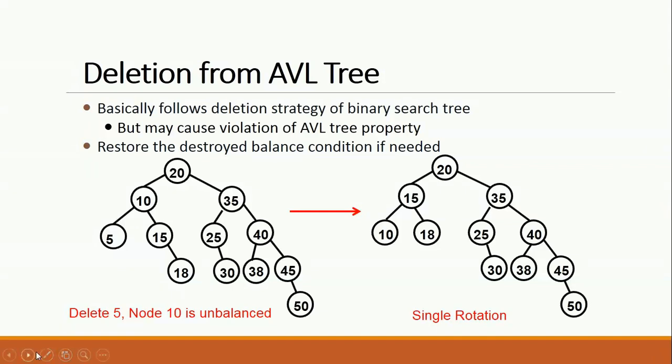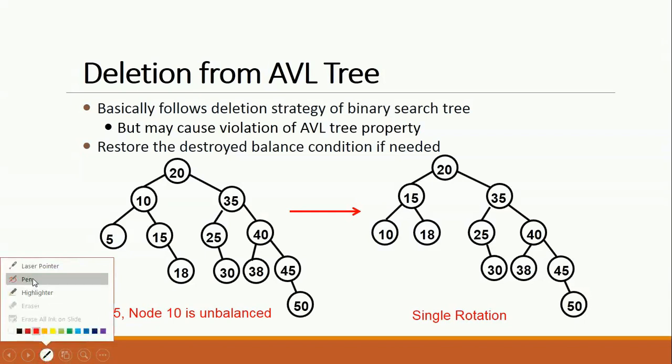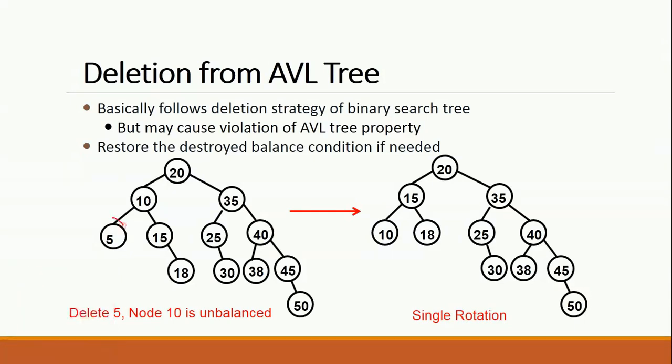For example, if you see here, suppose I want to delete this node 5. Till this moment, it is an AVL tree without any problem. But once I delete this node 5, since it has 0 children, I can directly delete it. Then see here, the problem would be this particular node. The balance factor of this node will be disturbed.